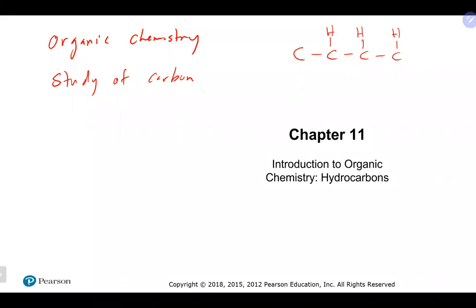As we'll talk about as we go through some different chapters here, what happens along the way is we replace some of the hydrogens with some other elements like oxygen, nitrogen, sulfur, maybe a halogen, and we do create some different organic compounds. But the core basis of all organic compounds is this connection. It's always carbons to carbons, and then hydrogens attached to those carbons, again, unless obviously something has replaced it.